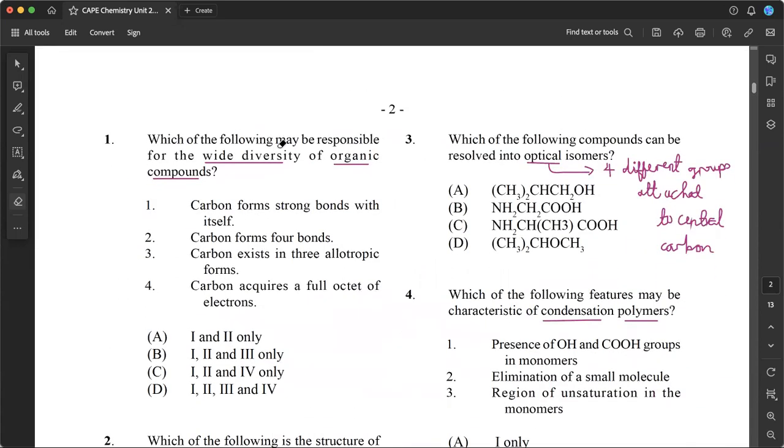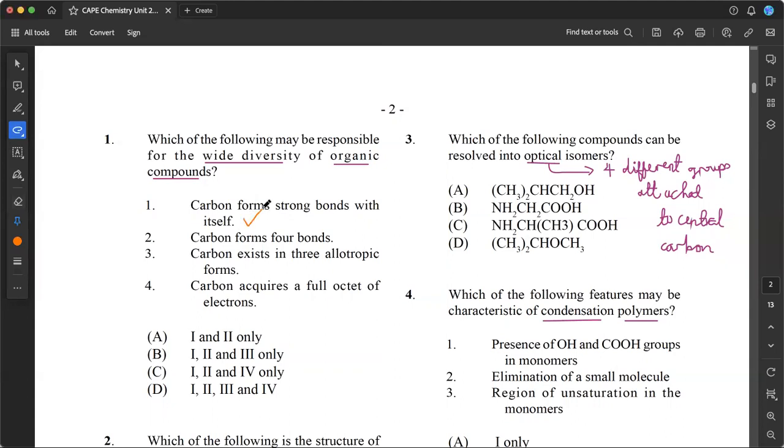Question 1 says, which of the following may be responsible for the wide diversity of organic compounds? Whenever we see a question like this, we're thinking, what is it about carbon that makes it able to give us this wide array of compounds? Is it that, 1, carbon forms strong bonds with itself?